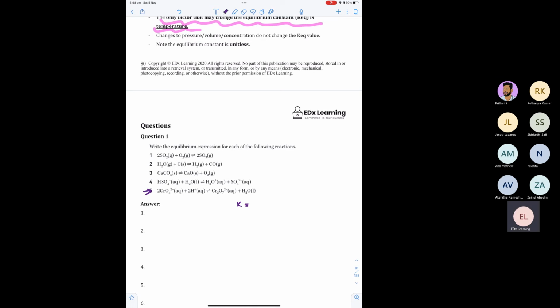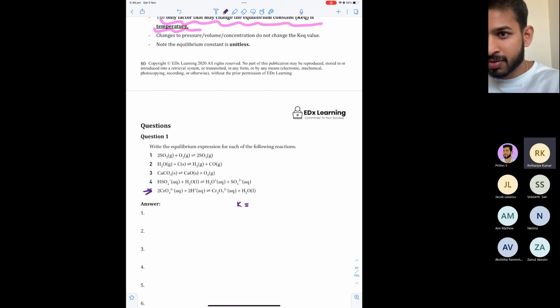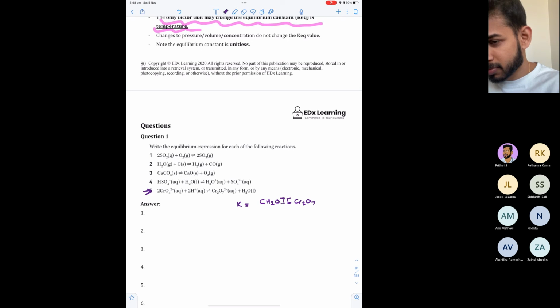Okay, good. Most of us got an answer. So let me ask Rithania, what's your answer for K? So I got H2O on the top, and then it was times by Cr2O7 over CrO4 to the power of 2 and H to the power of 2.